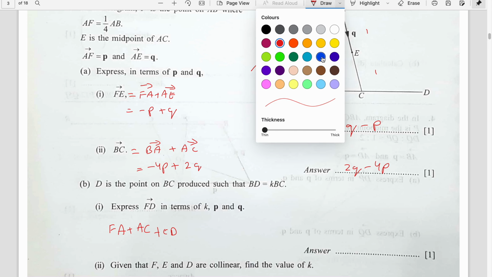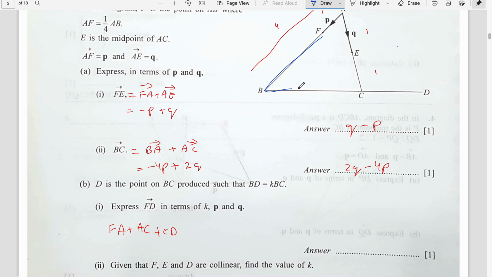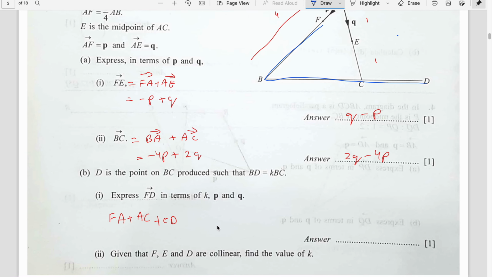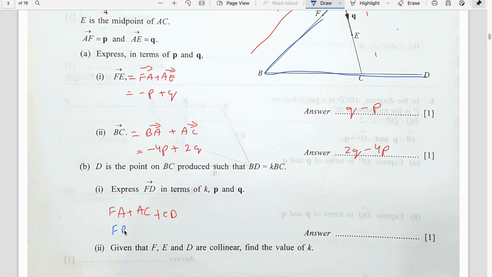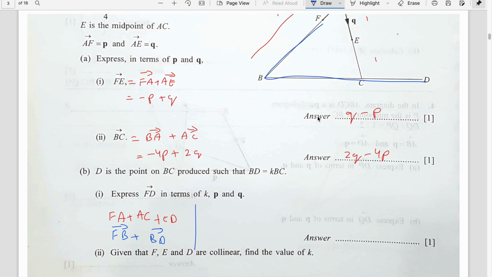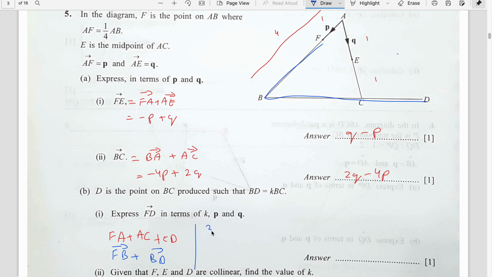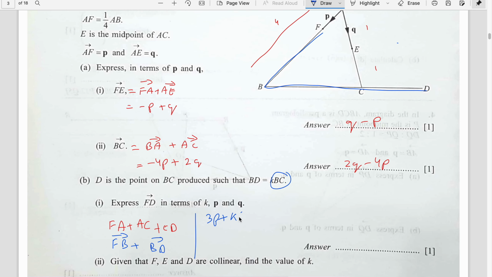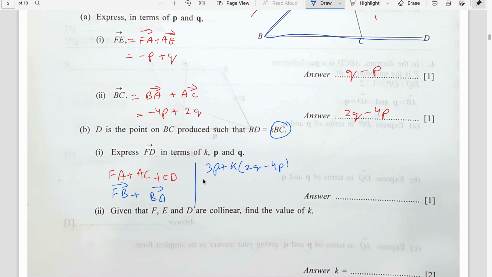I just thought of an easy path. I'm using this. FD is FB plus BD. So FB is 3P plus BD is K times BC. The value for BC is 2Q minus 4P.